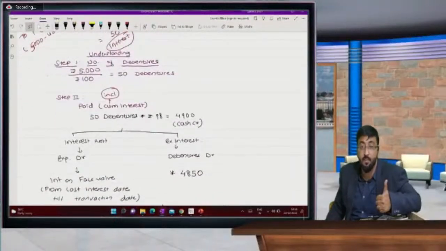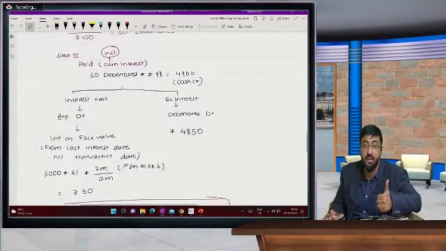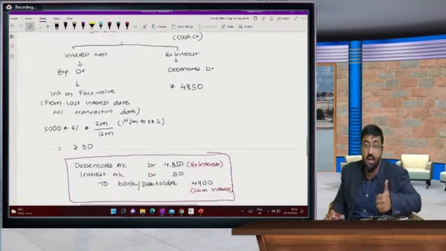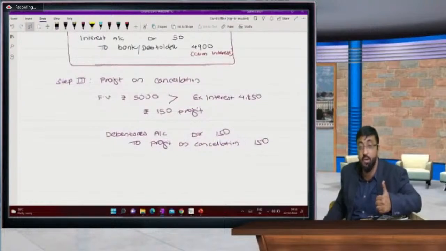Understanding first, number of debentures you have to understand. Then what is cum interest bifurcation you have to understand. And then how to write profit on cancellation, that you have to understand. And now this is only for understanding. Don't write every time. Now you are clear with this concept, beta.